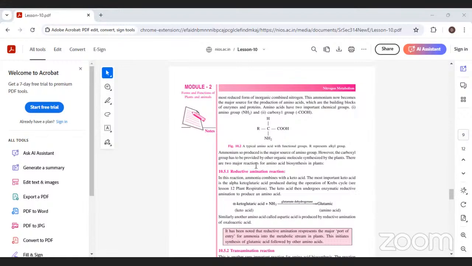Alpha ketoglutaric acid is produced during the operation of the Krebs cycle. The keto acid then undergoes enzymatic reductive amination to produce an amino acid.